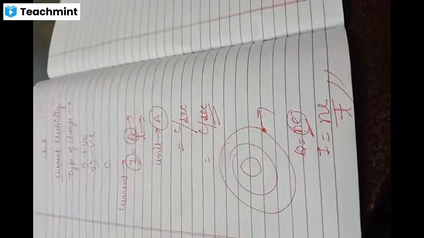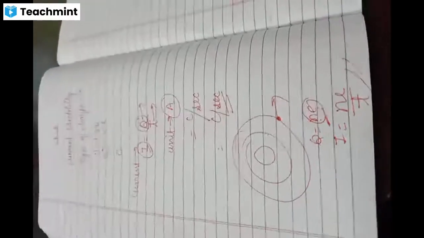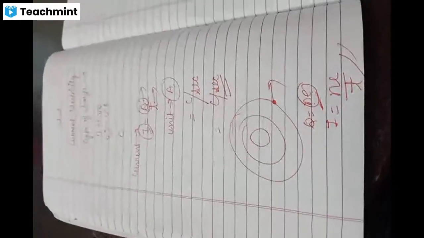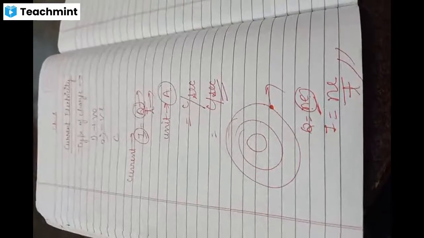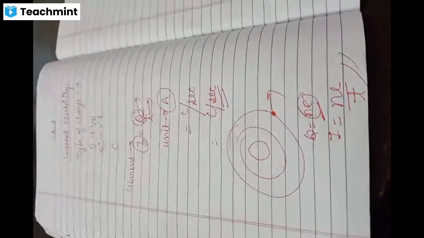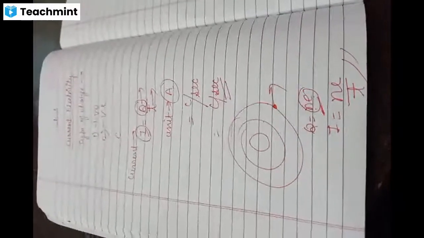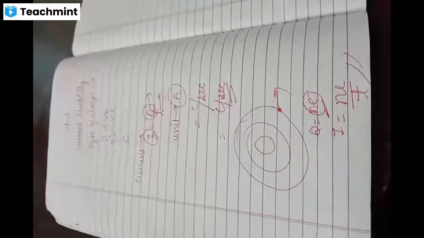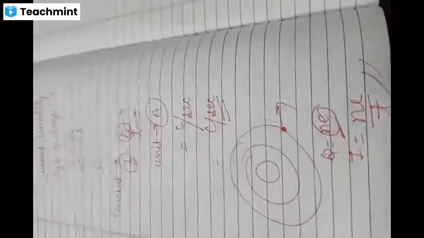Ma'am, from the side of the triangle. From both the surfaces? Ma'am, it always occurs from the first surface, the surface on which it falls. I've explained.